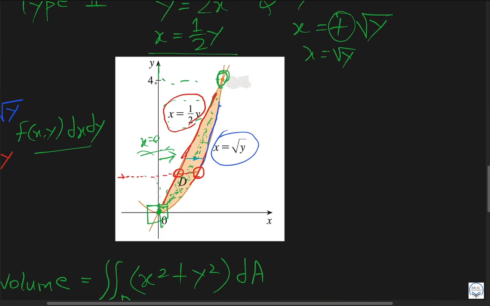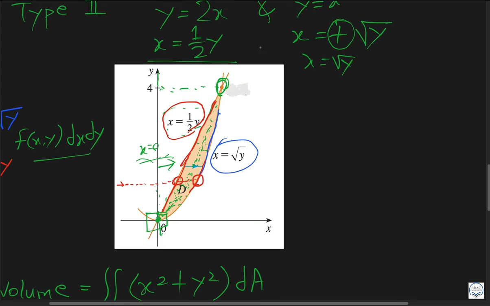Now here, one thing we did is we knew from this graph that the points of intersection, the y coordinates, are 0 and 4, but we might not always know that. In that case, it's very simple. We just equate the two x functions. So we take half y equals square root y, and now we find the y intersection point.